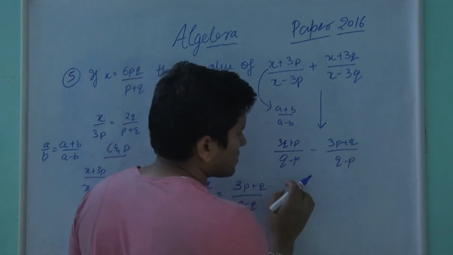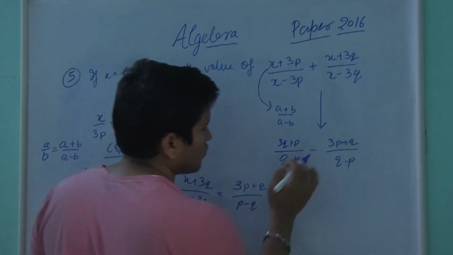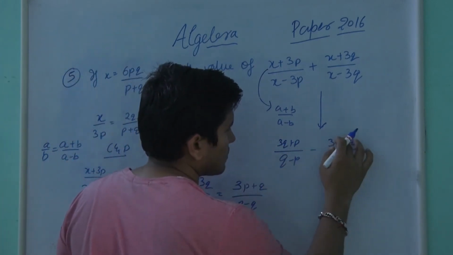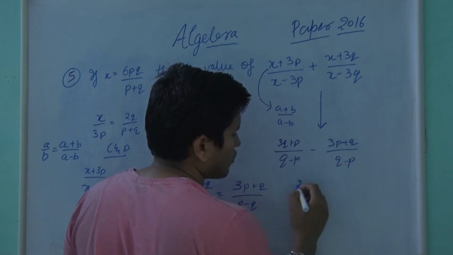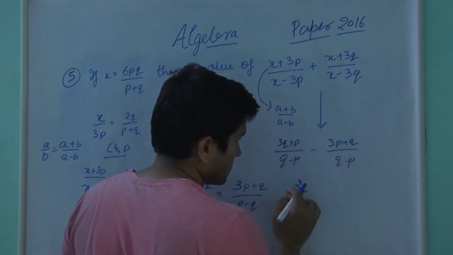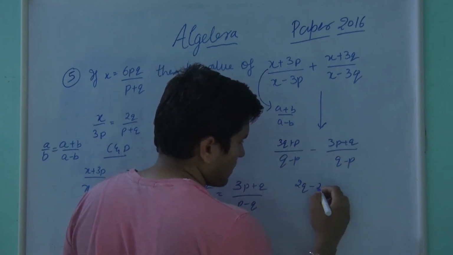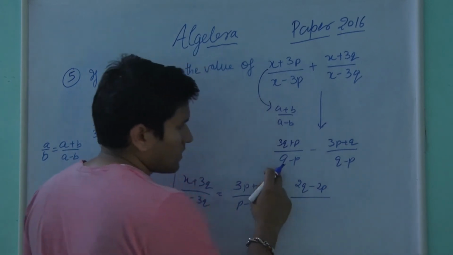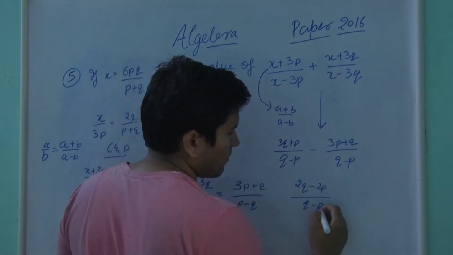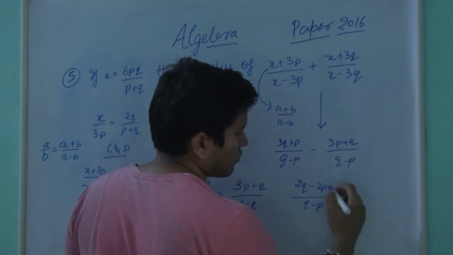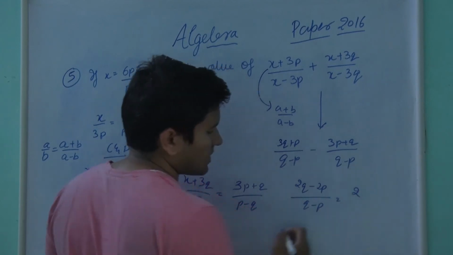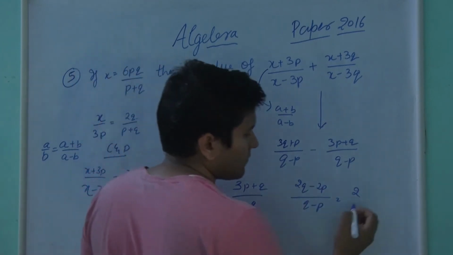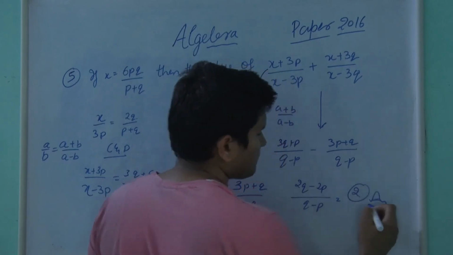So let's solve this equation. 3q minus q will become 2q, p minus 3p becomes minus 2p. Then this will become q minus p, and you can take out 2 as common, and q minus p will cancel from the numerator and you will get the answer 2.